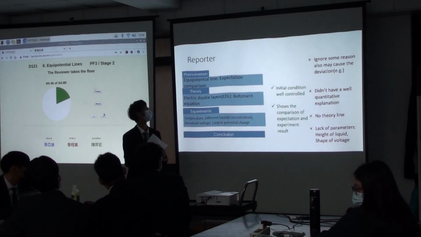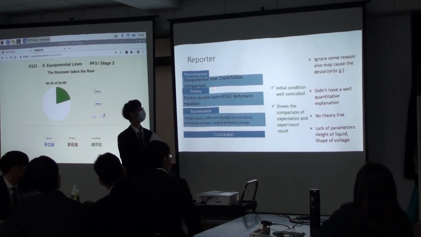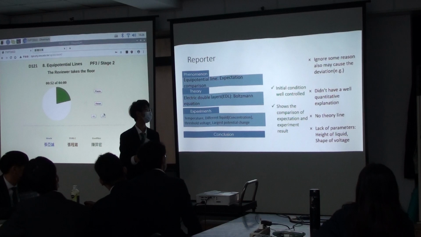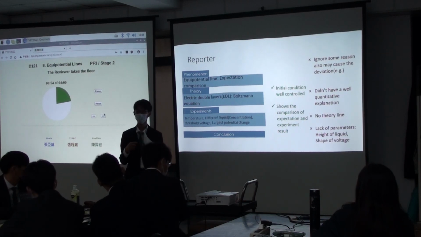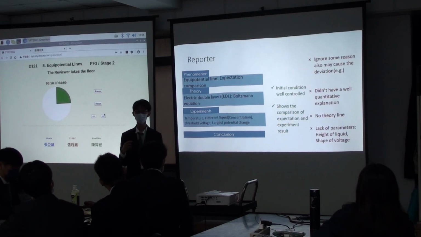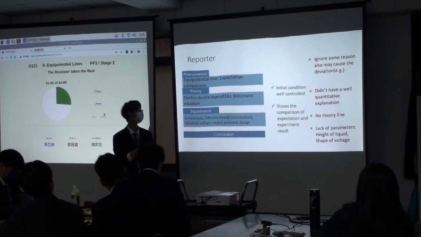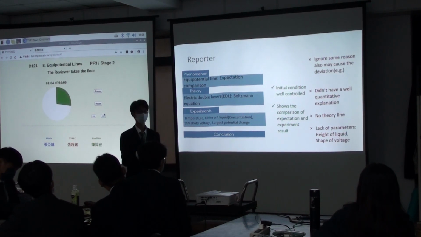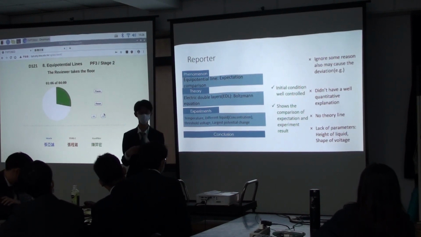And for the reporter, he shows the phenomenon about his exploitation, and he did a comparison between the theory and his exploitation. And about the theory part, he used the EDL to measure it.